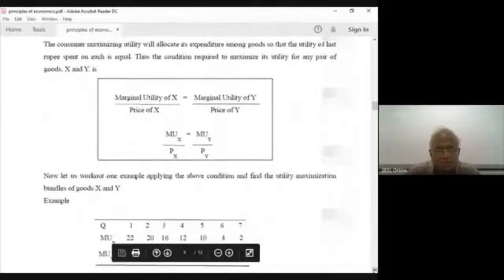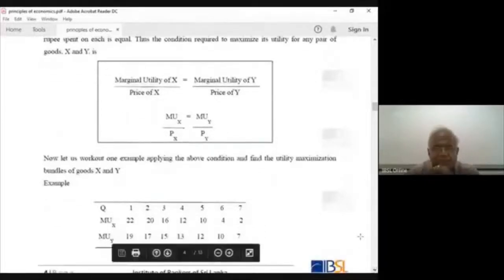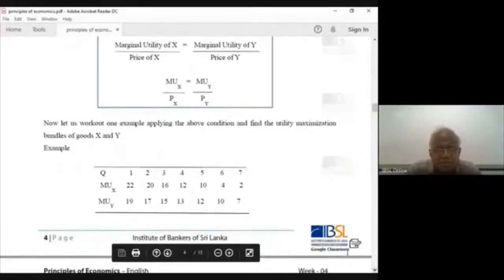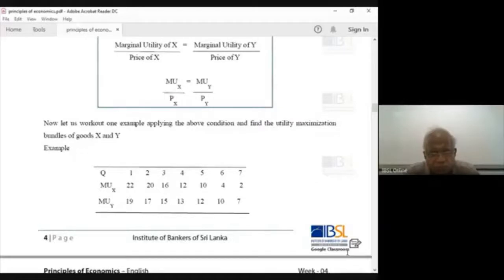Let us work out the example now. What is the condition? MUX/PX equals MUY/PY. Now the numbers are given. Two goods X and Y, quantity 1 to 7. The first unit of X gives 22.